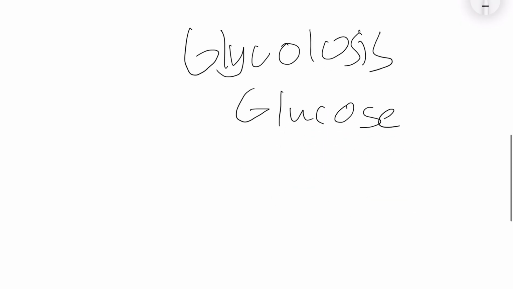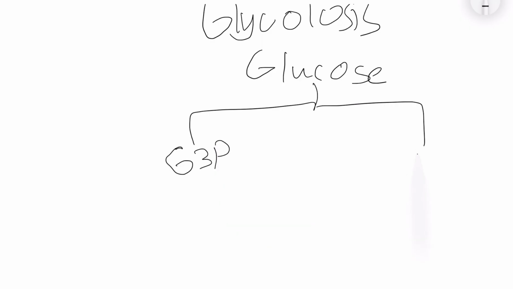Well, glycolysis starts with glucose, and glucose is split into two 3-carbon molecules called G3P. So what is G3P? G3P is a 3-carbon molecule, and its full form is glucose 3-phosphate.